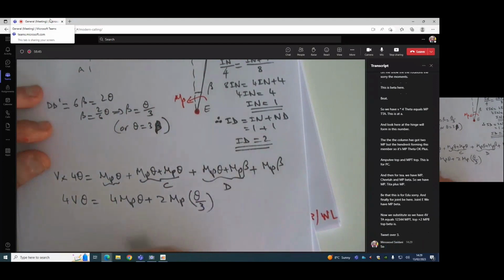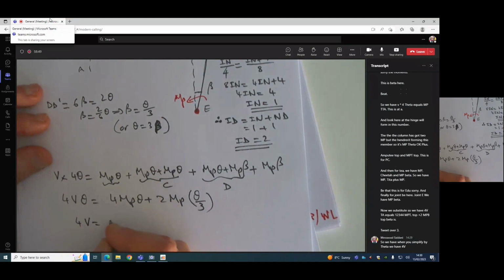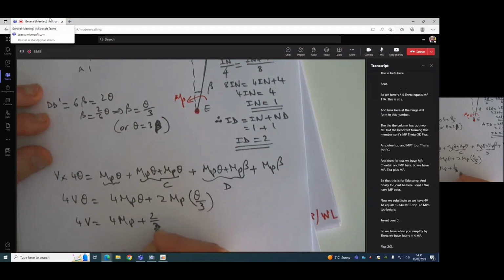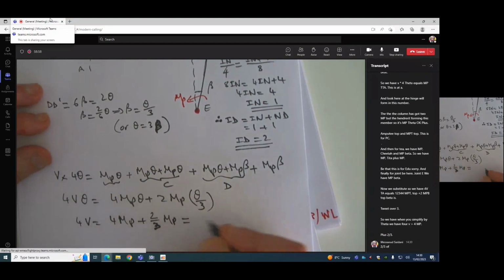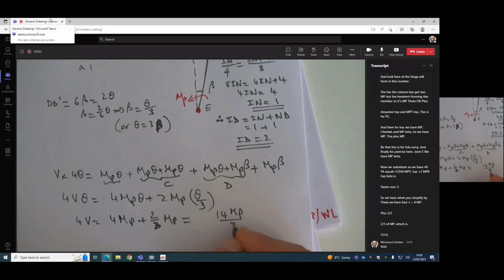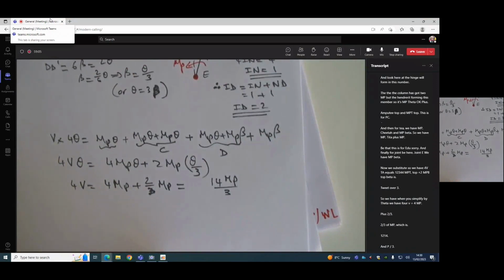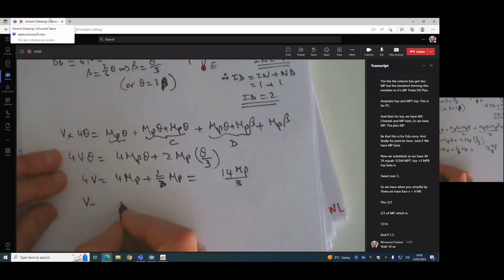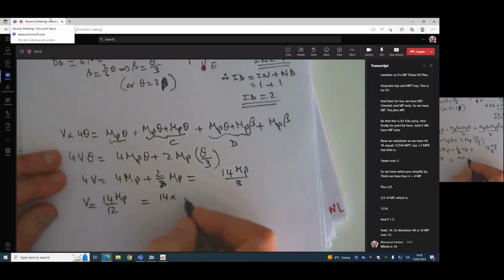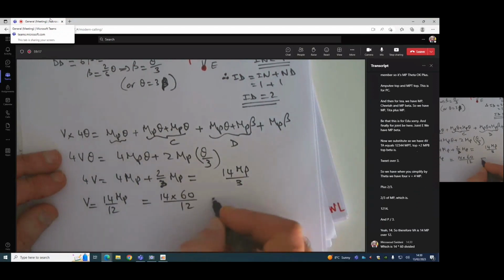So when you simplify by theta, we have 4V equals 4 MP plus 2/3 of MP, which is 14 MP over 3. Yeah, 14. So therefore, V is 14 MP over 12, which is 14 times 60 divided by 12.